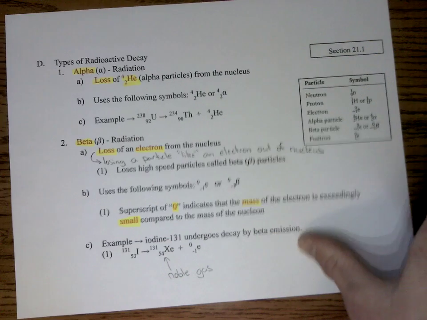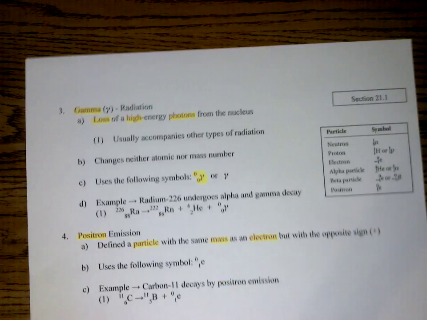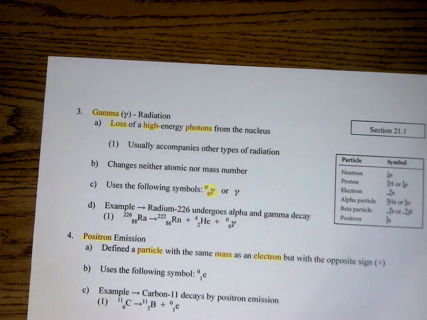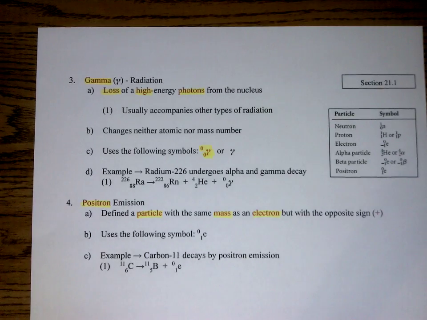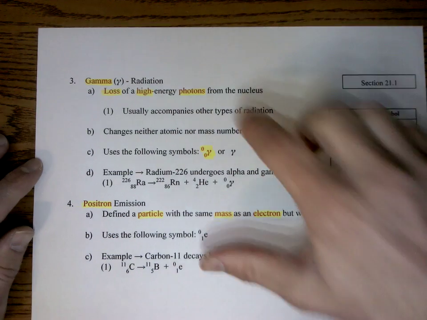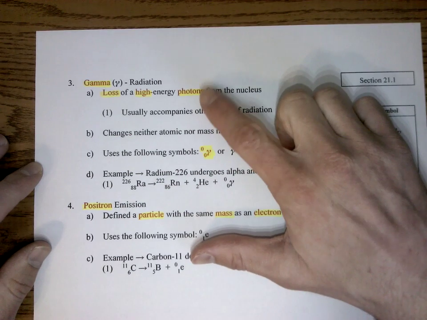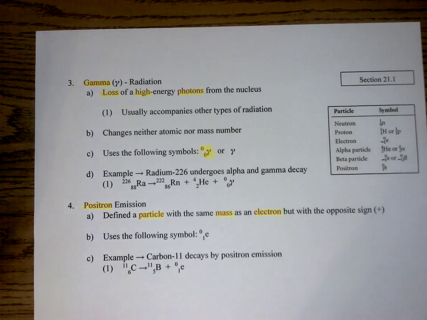Okay, so there are 3 more types of radiation that I want to introduce. We've talked about gamma before, but again, the specific gamma radiation here, it just says, hey, we lose this high energy photon. So it's essentially saying, hey, we lose this pack of energy from the nucleus.